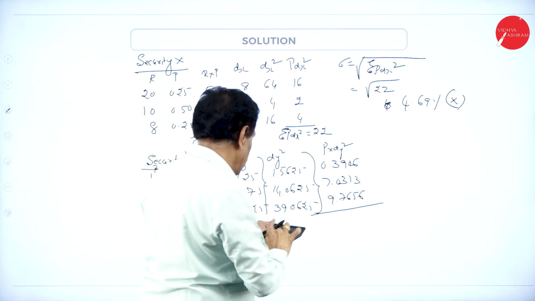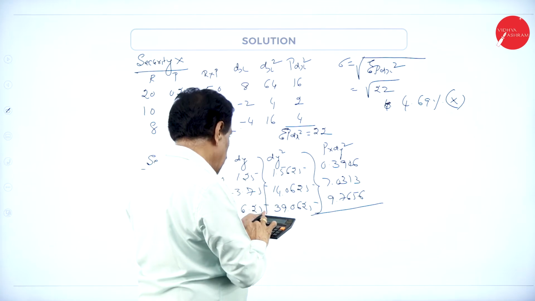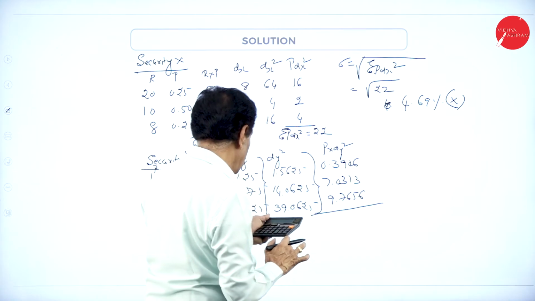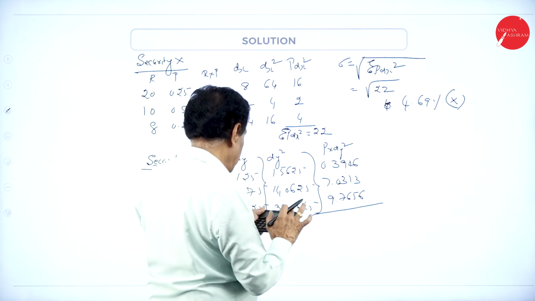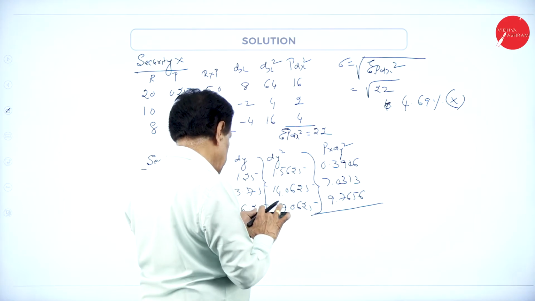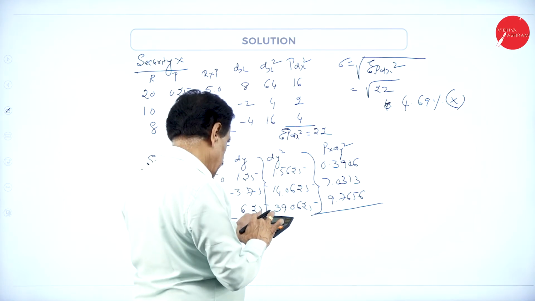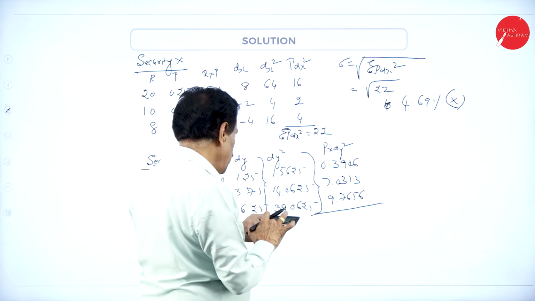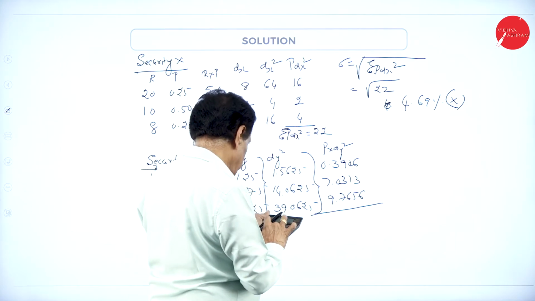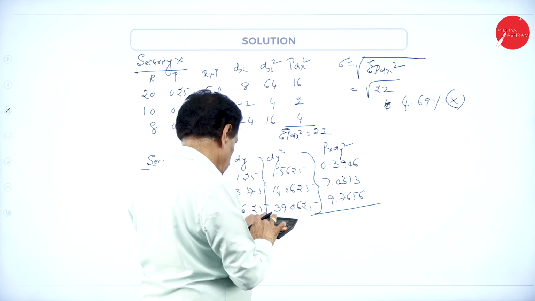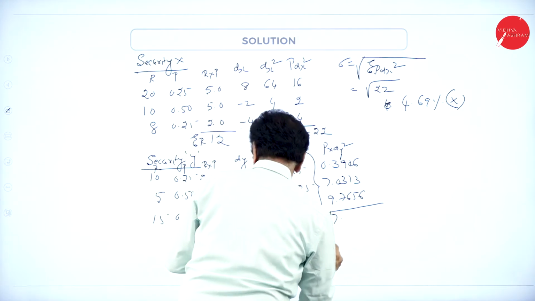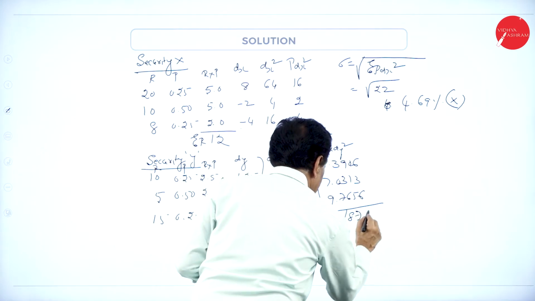9.7656 plus 7.0313 plus, repeat, 0.3906 plus 7.0313 plus 9.7656 is 17.1875.